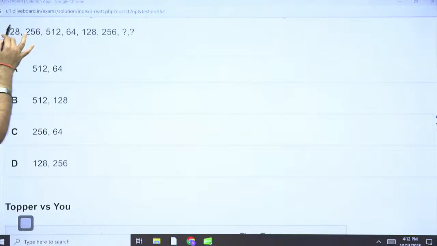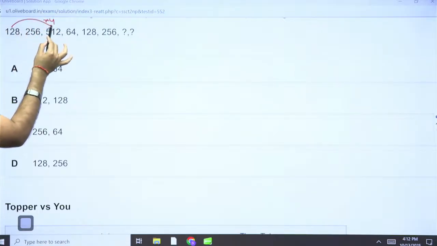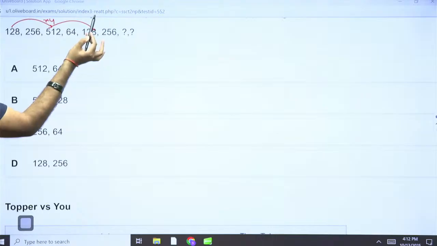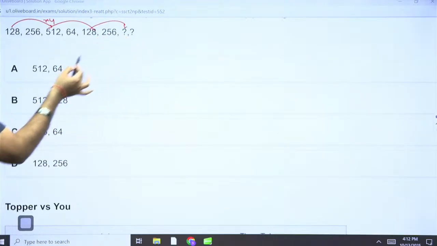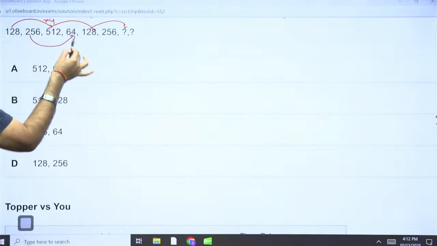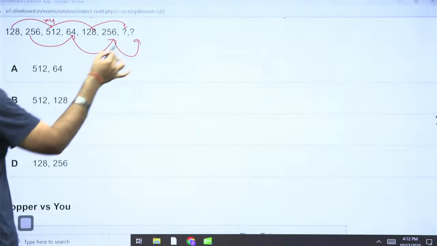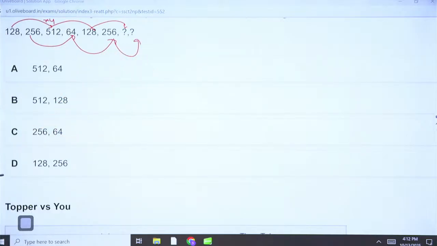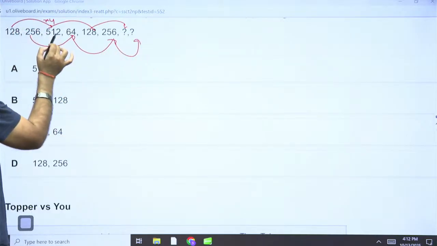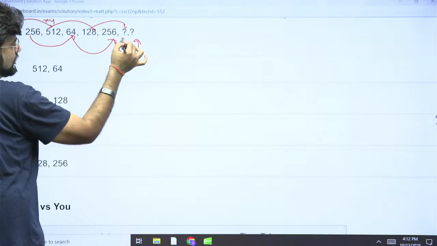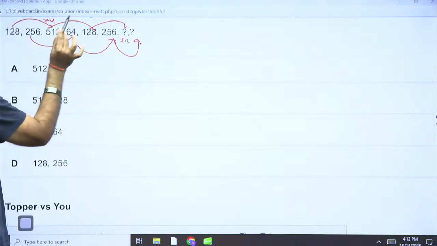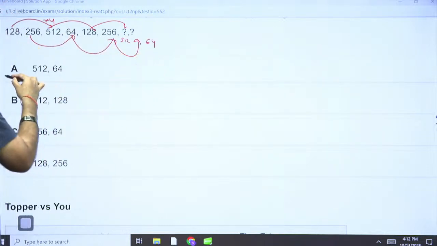You will see that 128 and 512. Okay, what exactly is happening? I'm multiplying by 4. 512 and 128. Okay, 128 and what? Next one. Then 256 and 64. Then again 256. So then you'll understand this is just repeating. That's it. So 128, 512, 128, 512 and 256, 64, 256, 64. So my answer is option A.